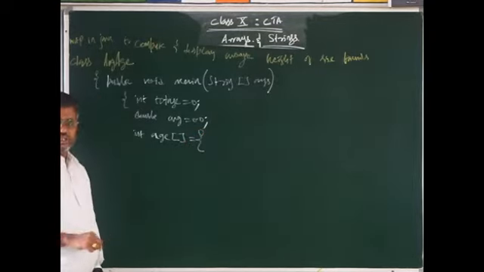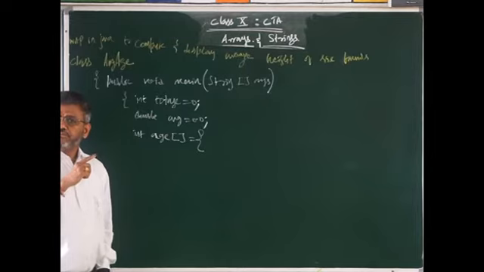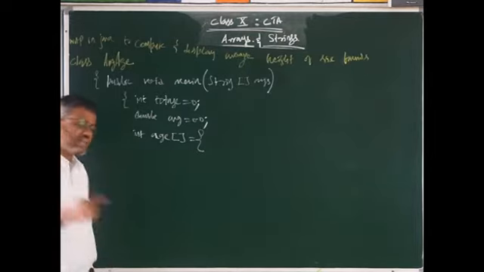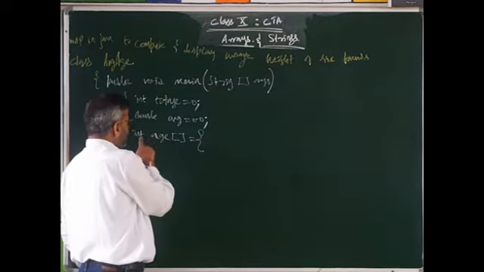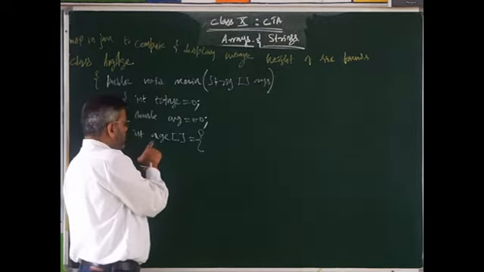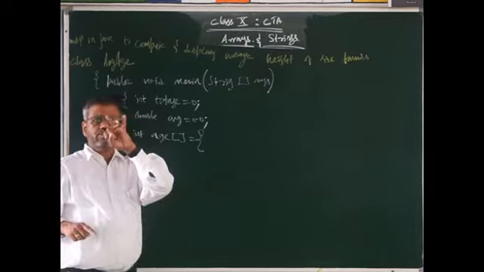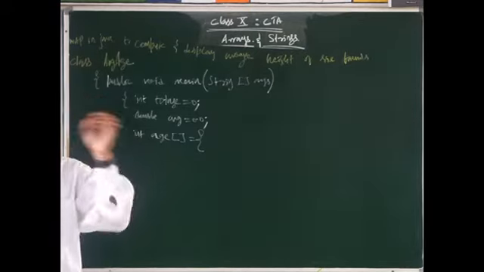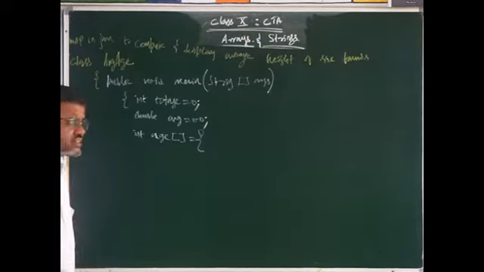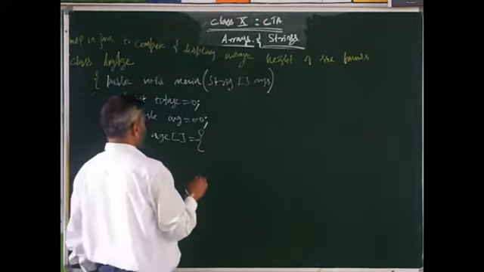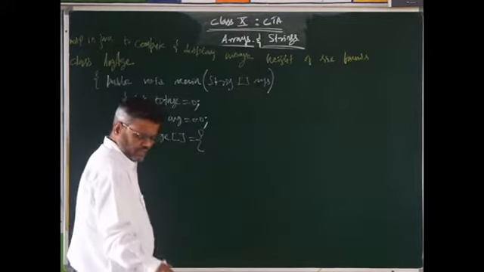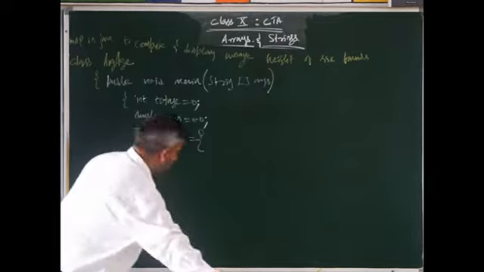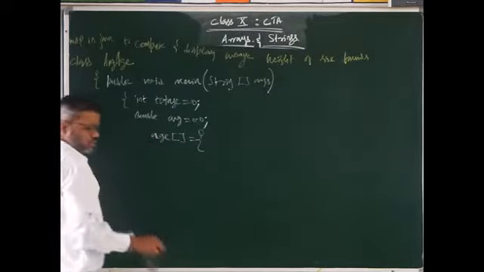Please note, boys and girls, here I am not inputting; instead I am initializing an array. I have an array called age: age of 0, age of 1, age of 2, age of 3, age of 4 and age of 5. 0 to 5, how many of them are there? 6 of them.